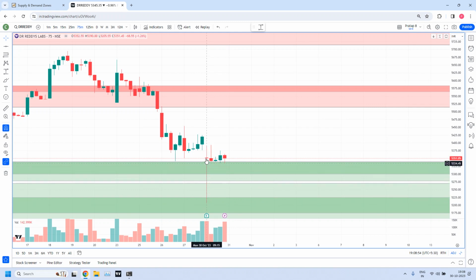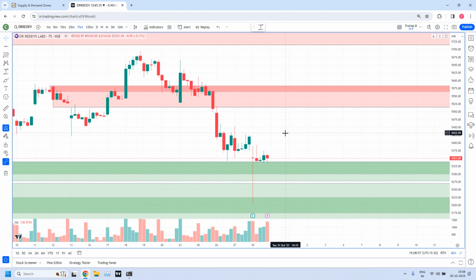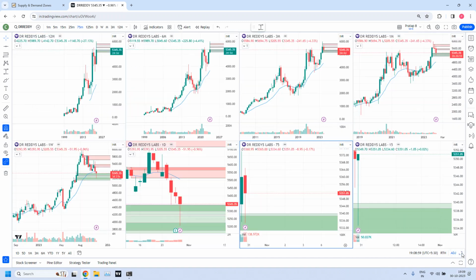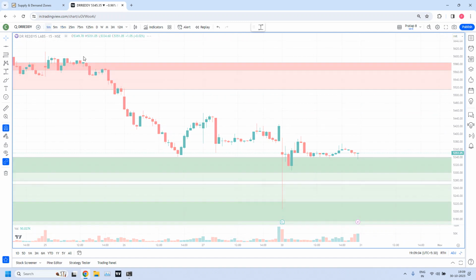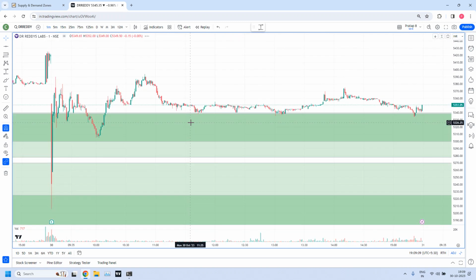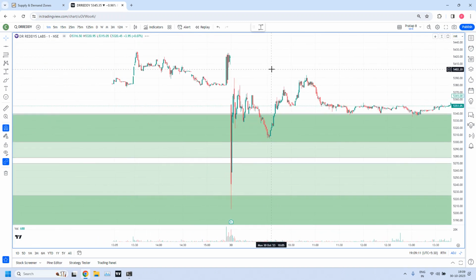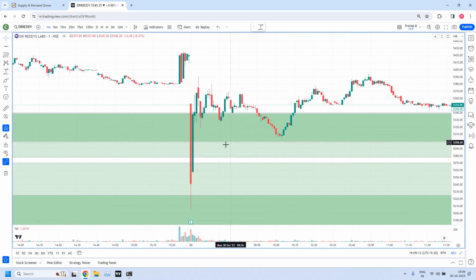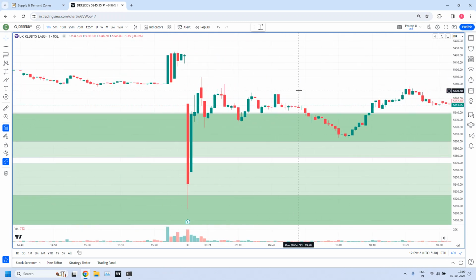If you look into the 1 minute, you will understand within the 3 minutes. Let me open 1 minute. So this is the 1 minute chart. See, this is the 9:15 candle.